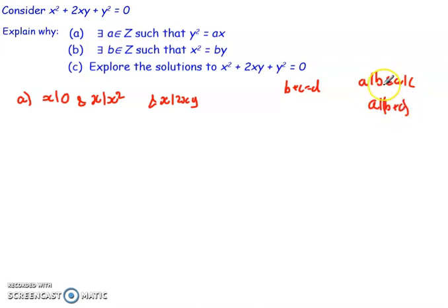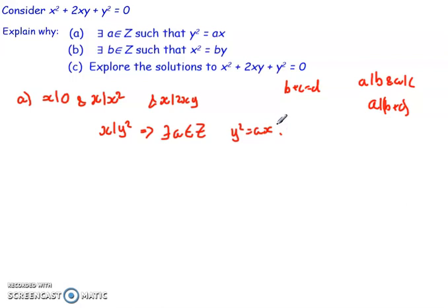So using that previous result, we can say that x is divisible by y squared. What that means is that since x is divisible by y squared, there exists some a within the set of integers Z such that y squared is equal to ax.